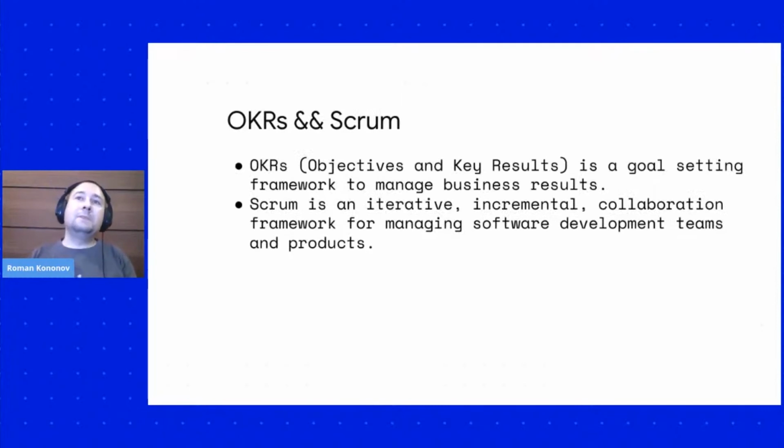OKRs, objectives and key results, is a goal-setting framework to manage business results. Scrum is an iterative, incremental collaboration framework for managing software development teams and products. So business meets software development, let's say.